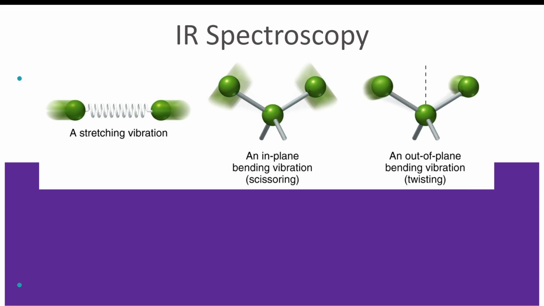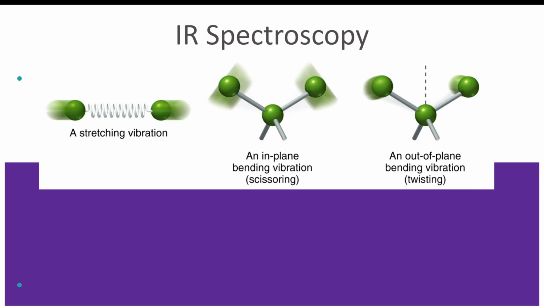The last one is just twisting around in space, and those are the three ways that a molecule can absorb energy. And in infrared spectroscopy, for the most part, we're going to be concerned with the stretching vibration. The reason is that the stretching vibration often gives us a very, very clear signal about what's going on with a particular molecule as it's absorbing that energy.